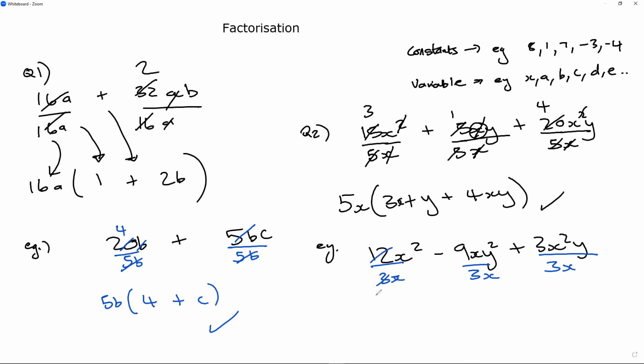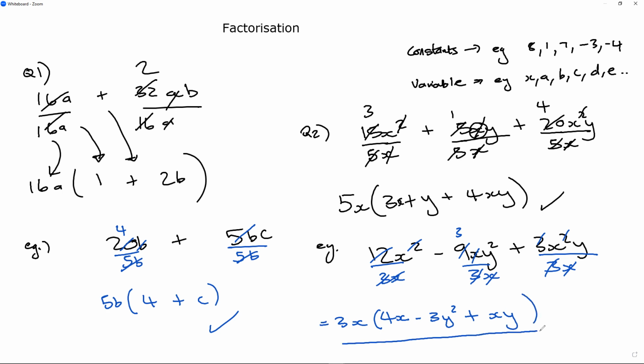Then 3 goes into 12 4 times, x goes into x squared once, giving me 4x. 3 goes into 9 3 times, x cancels out with x, and I'm left with negative 3y squared. 3 goes into 3, x goes into x squared, leaving me with plus x, and then y at the end.